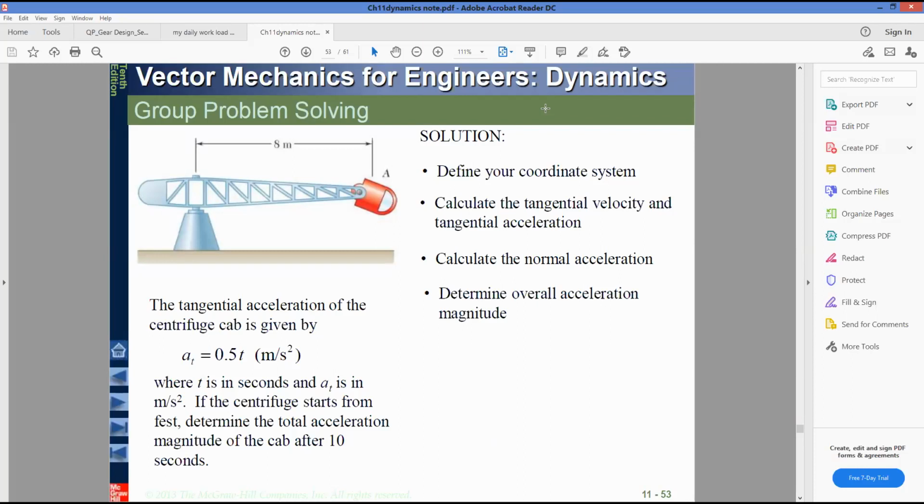If the centrifuge starts from rest, determine the total acceleration, in terms of magnitude, of the cab after 10 seconds.